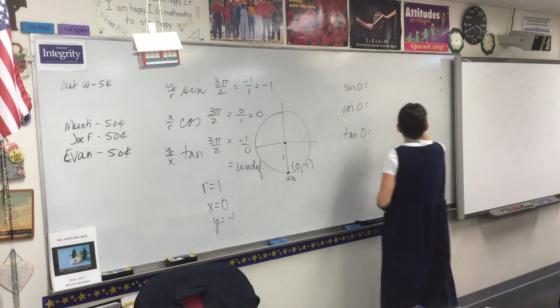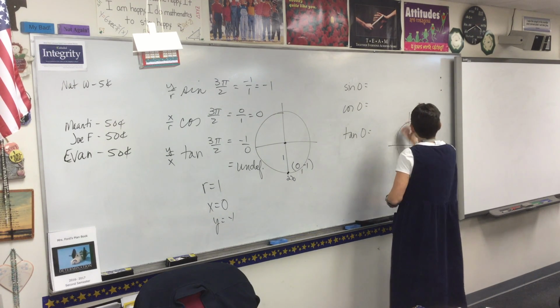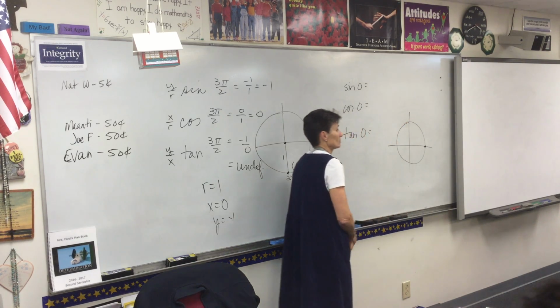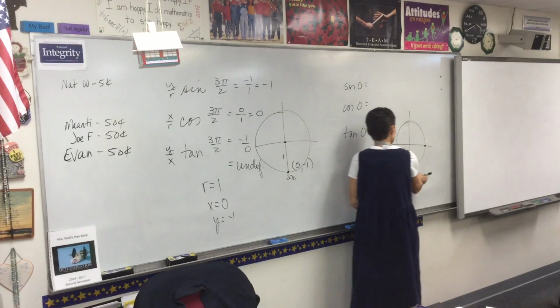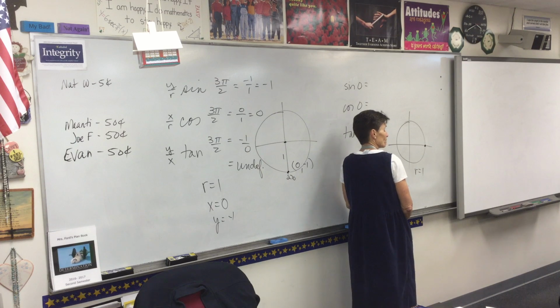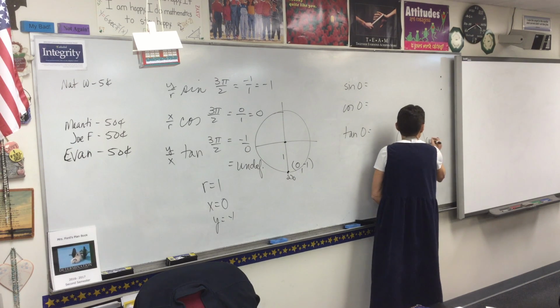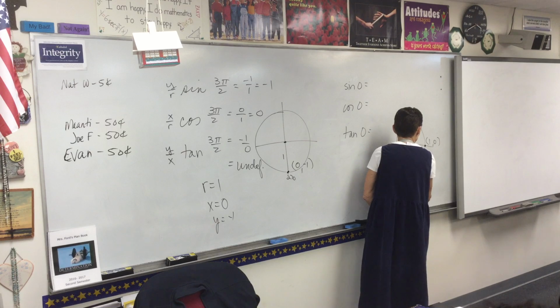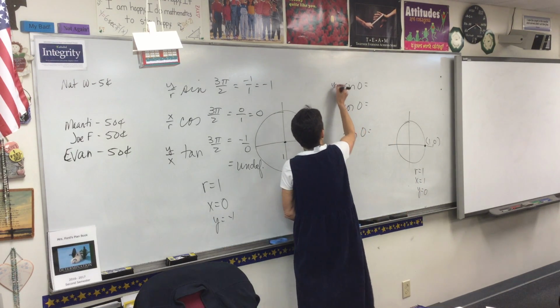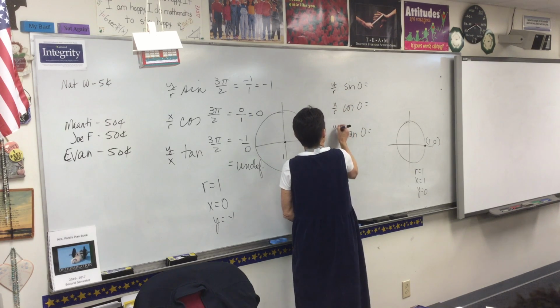All right, last one. Gotta get it done. Nobody leaves till we're done with it. Here is your degree. There's 0. If the radius is 1, what are the coordinates of that point? 1, 0. Perfect. So x is 1, y is 0. Y over r, x over r, y over x.